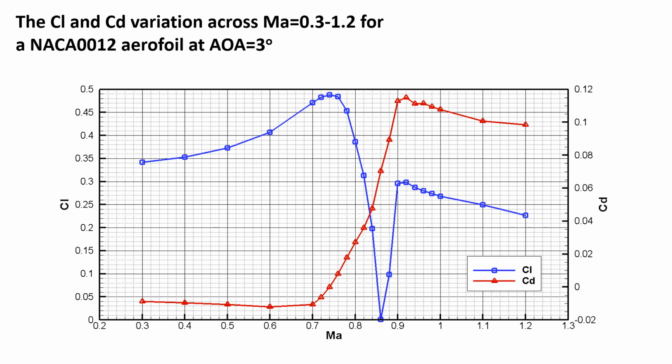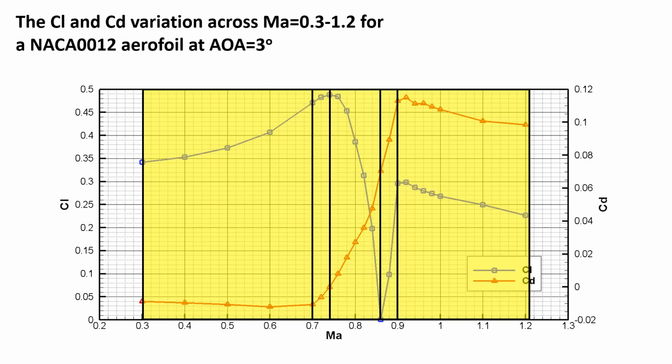Okay, so in order to do the analysis, we want to study the two curves in 5 regions. You can see region 1, region 2, region 3, region 4, and region 5.